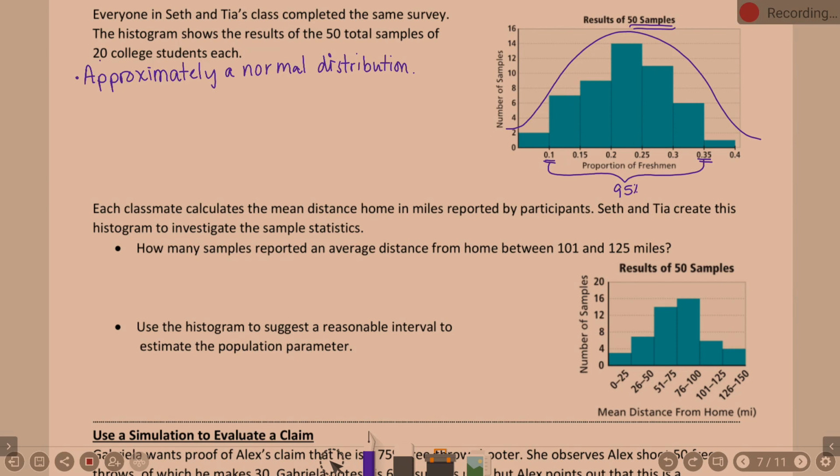If it's approximately a normal distribution, most responses fall between 0.1 and 0.35. So we can reasonably expect the population to be in that range.